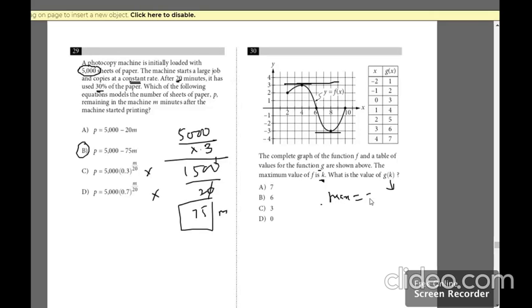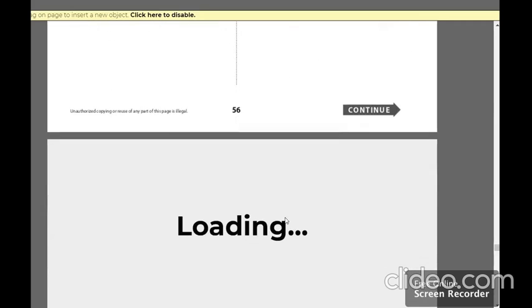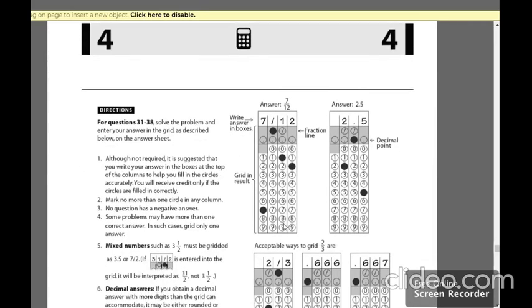So our maximum value is 3, that is k. So we need to work out g of k, that is g of 3. When x is positive 3, right here, it is giving us a value of g of x, which ultimately works out to 6. So option B will be your answer. Moving on to the next set of questions that we have.